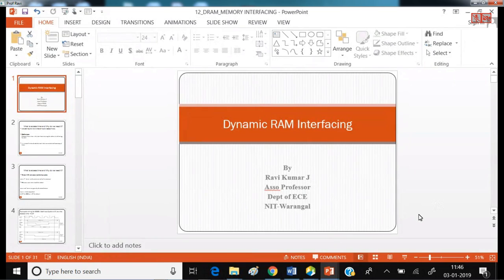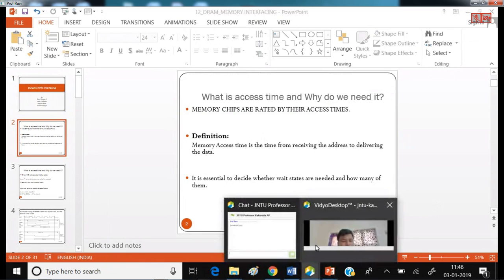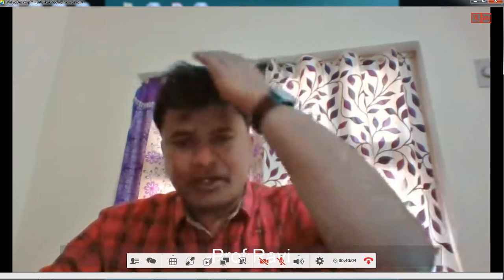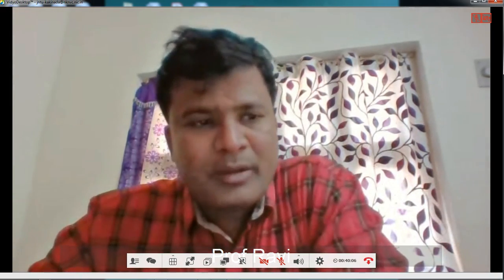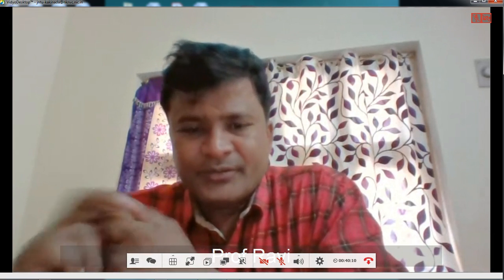Coming to dynamic RAM interfacing, you have to know very clearly that here we are trying to interface memory ICs to 8086.